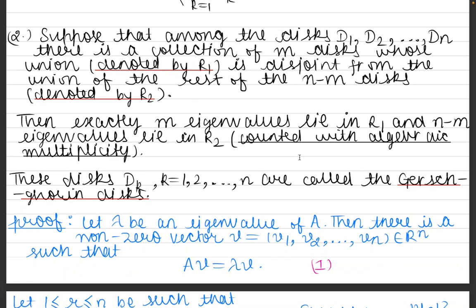So we have R_1, the collection of m disks whose union is disjoint from the rest of the n minus m disks, and this is denoted by R_2.